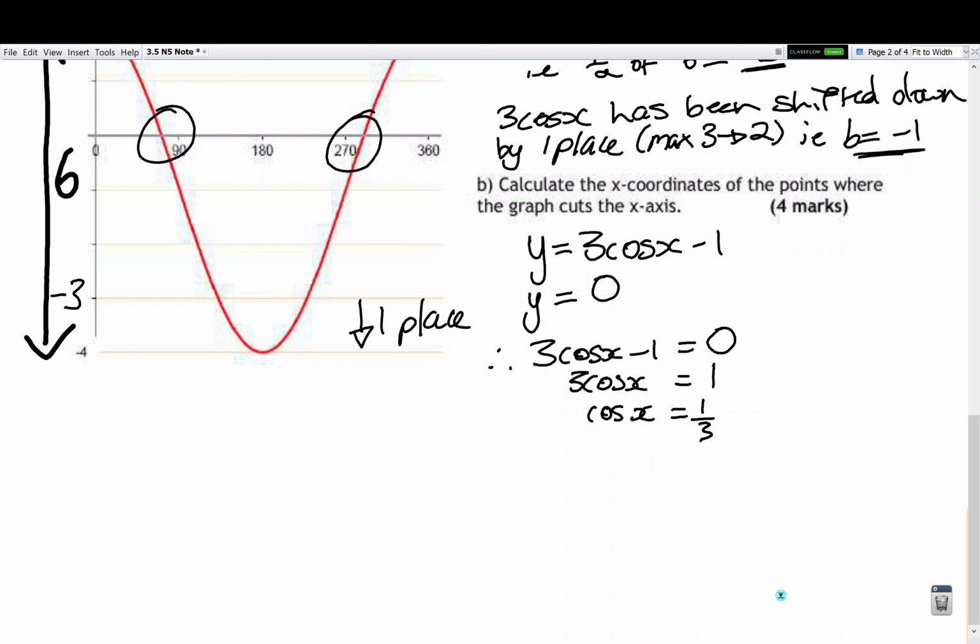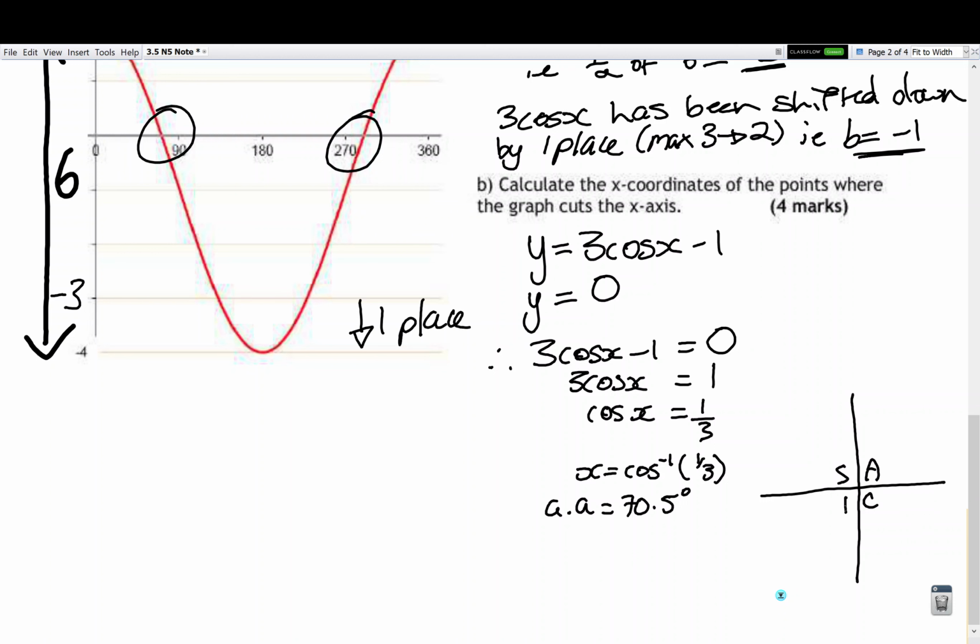Okay, so we can now get our acute angle by doing the inverse cosine of a third. And again, I would just put 1 divided by 3 into my calculator rather than trying to write a fraction. I'm getting 70.5 degrees.